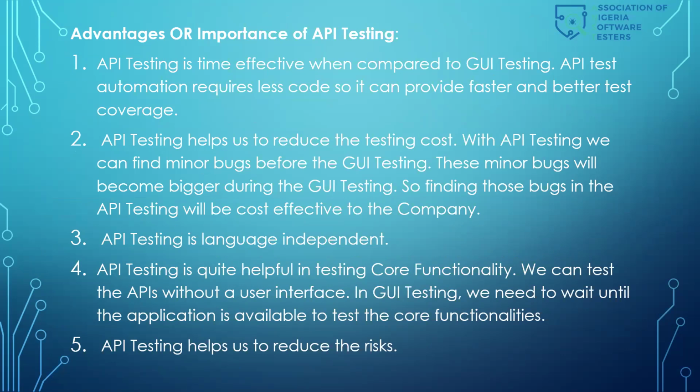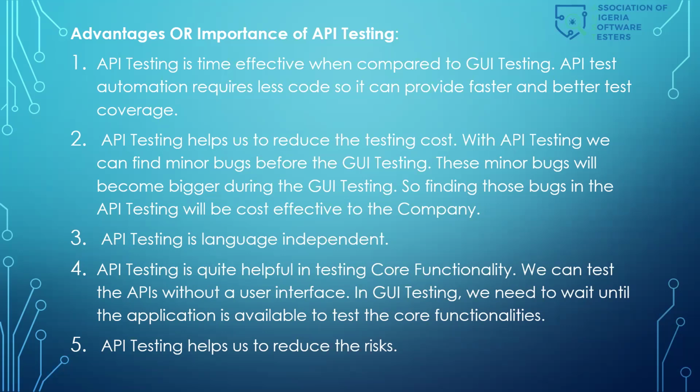Like we said, the back end is like your waiter: your API goes to the back end to fetch all those things. It's not on the front side where customers can see them.